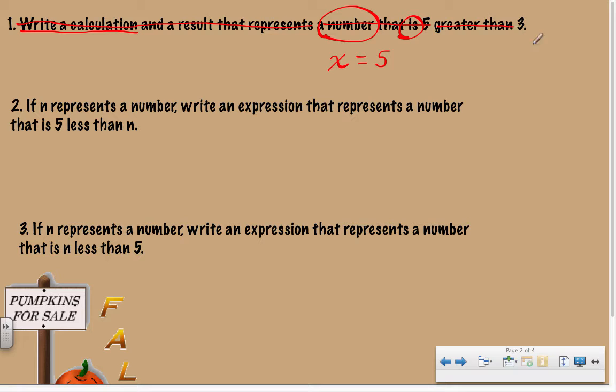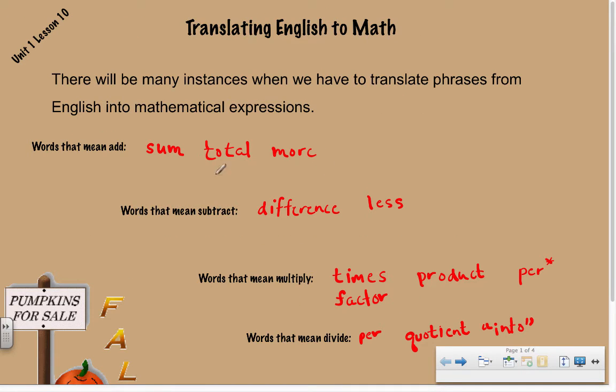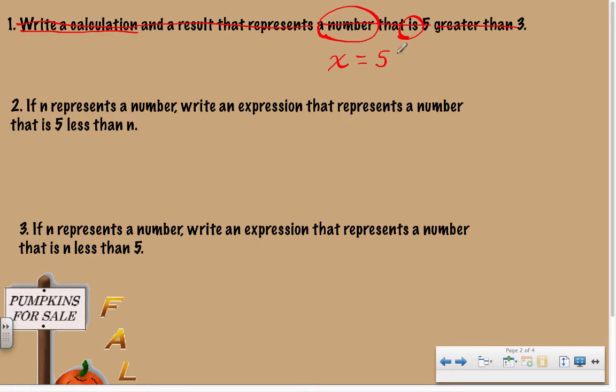Greater than, hey, that didn't show up on my list. What is greater than? Oh, that's like more. So we'll put greater on the add side. 3. X is a number that is 5 greater than 3. So there I wrote the calculation. Oh, I guess this is what they mean by the result. X must be 8.